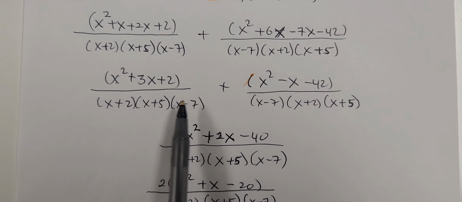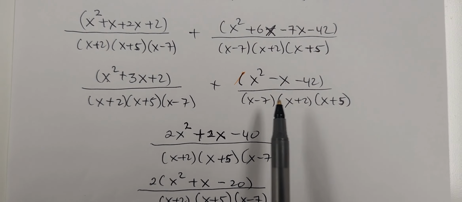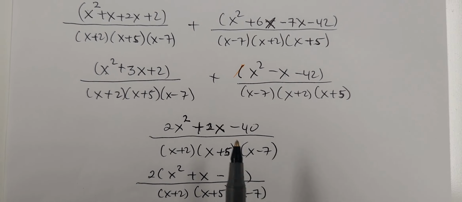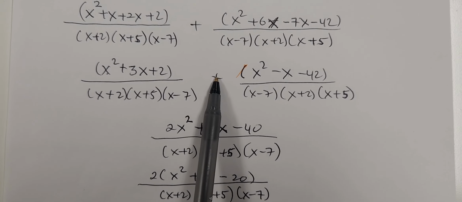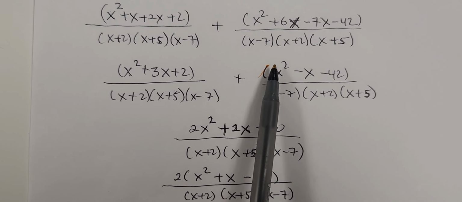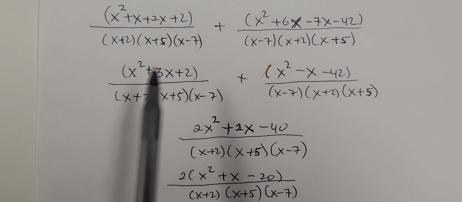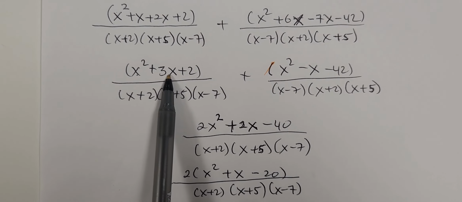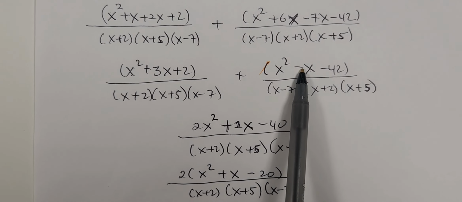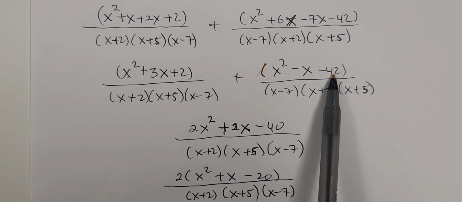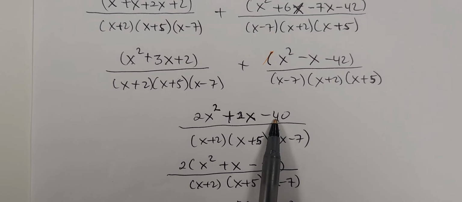And this is a plus, so that makes it easy. So x squared plus 1x squared gives me 2x squared. 3x plus negative 1x, 2x. 2 plus negative 42 gives me negative 40.